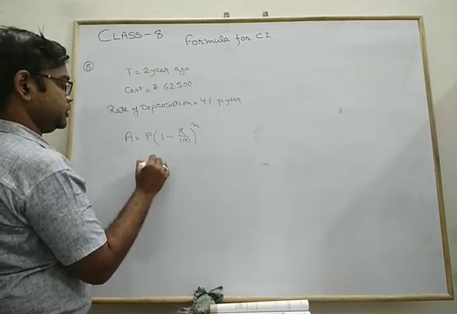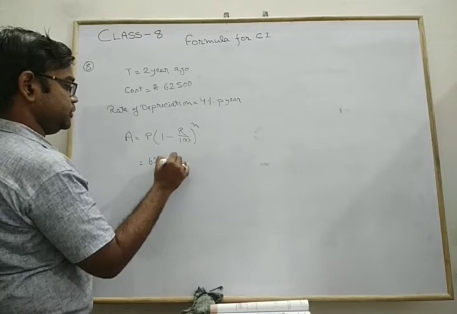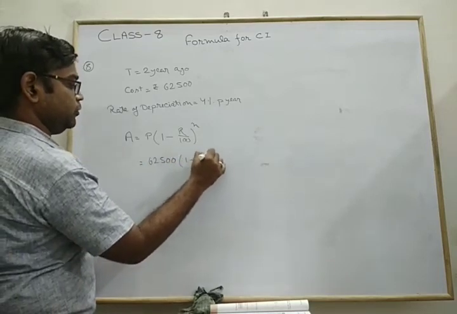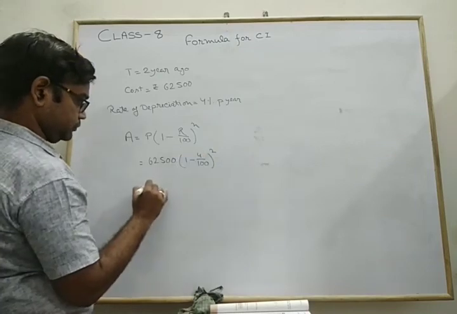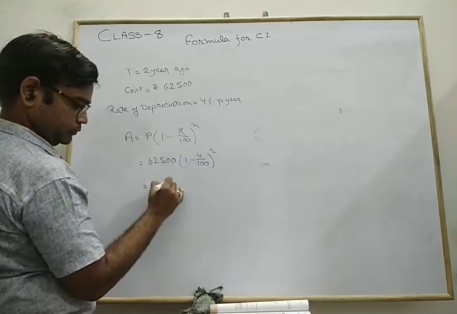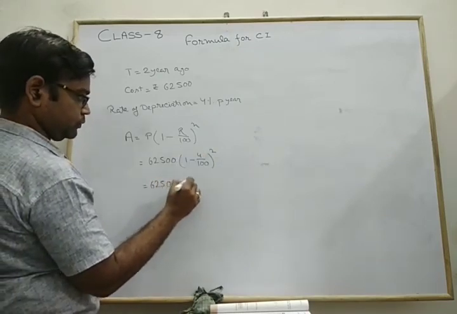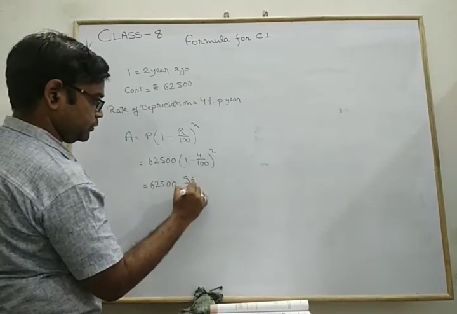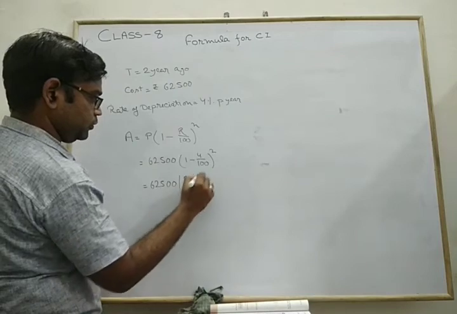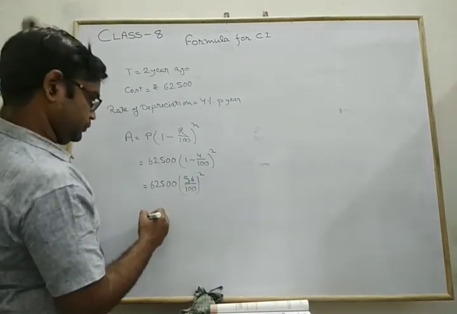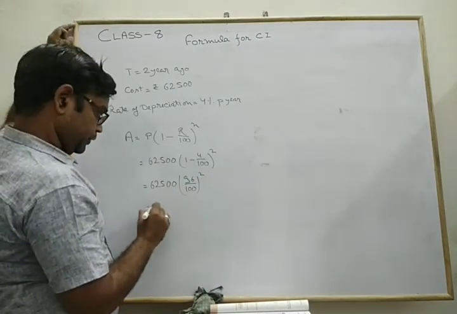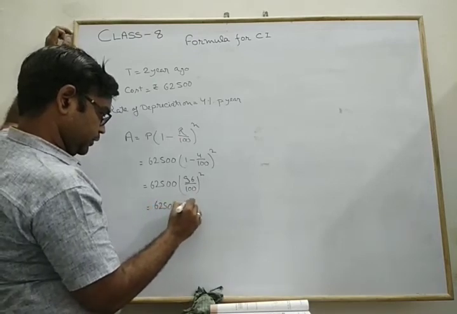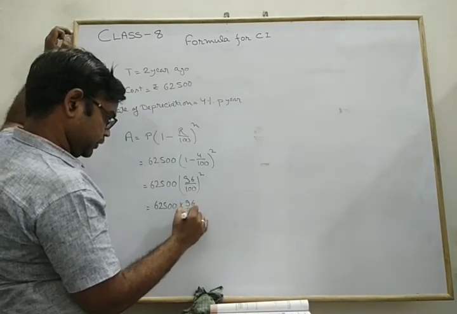It's 62500 times (1 minus 4 upon 100) whole squared, which is 96 upon 100 whole squared. Solve it: 62500 into 96 upon 100.